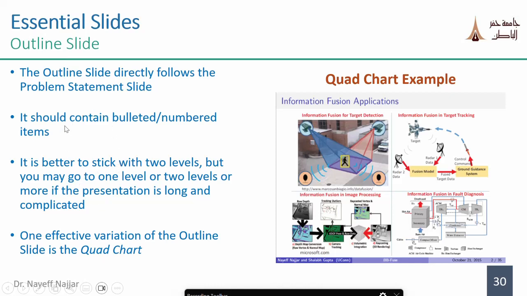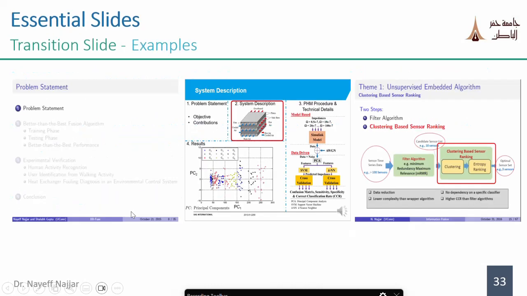You can have it in bulleted form, that's fine. And there are several examples in here. You can have it in, this is called a quad chart, or you can have some figure, and you highlight the material that you are going to present.